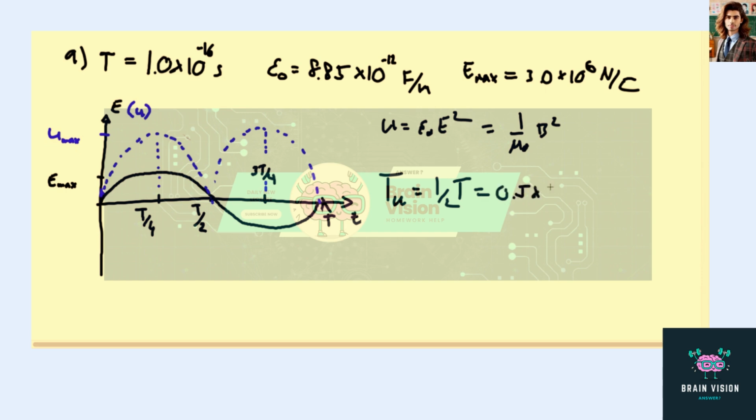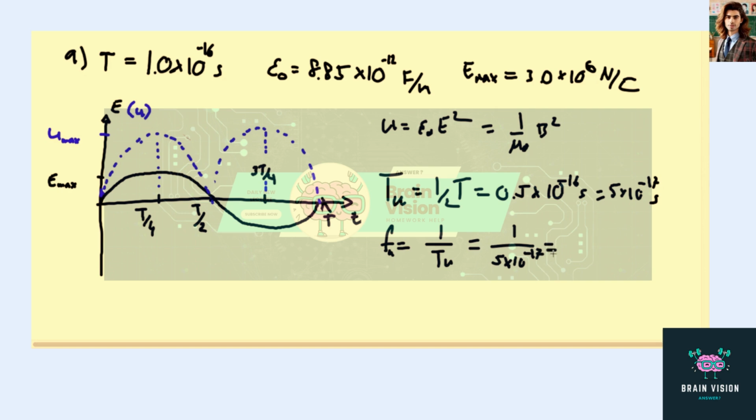So this is going to be 0.5 times 10 to the minus 16 seconds, or 5 times 10 to the minus 17 seconds. If we convert this to a frequency, F_U is 1 over T_U, which is 1 divided by 5 times 10 to the minus 17.